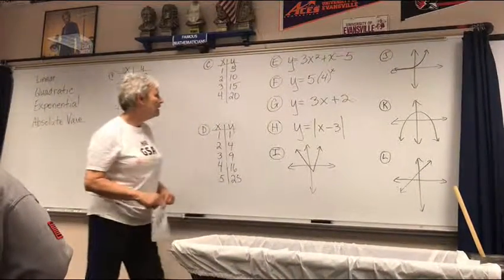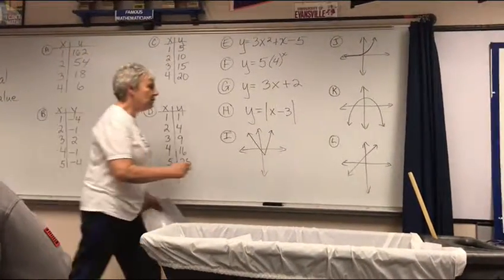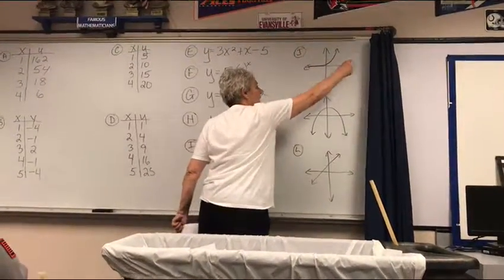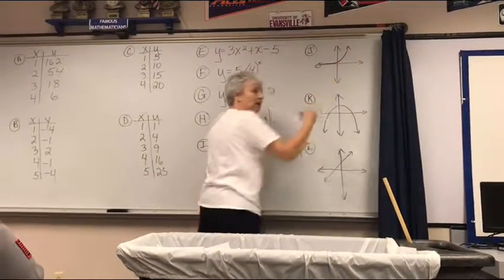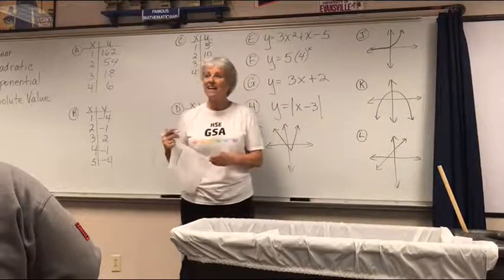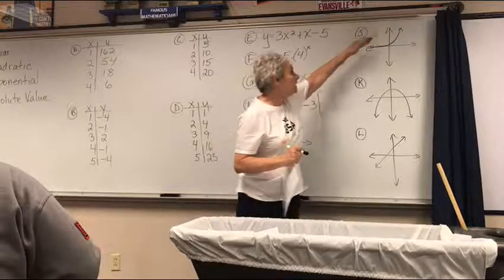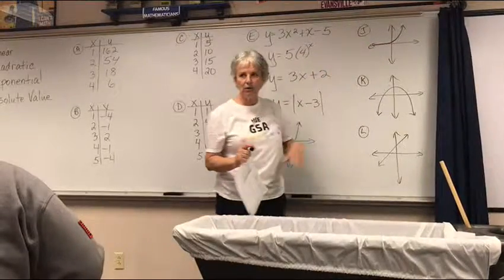You're good there. Okay, and which graph is it? J. Now remember, on J, it could go this way, or that way. It gets closer and closer to the x-axis and never crosses it. So if I had it really close and then I crossed it, it wouldn't be one of them.